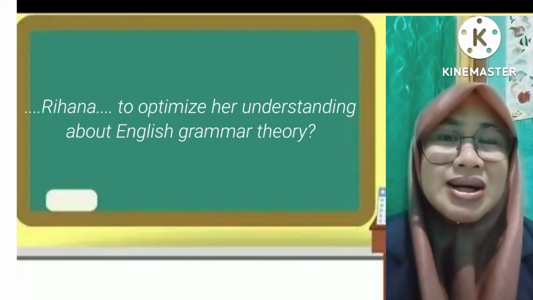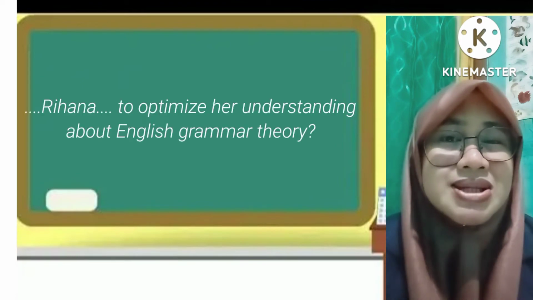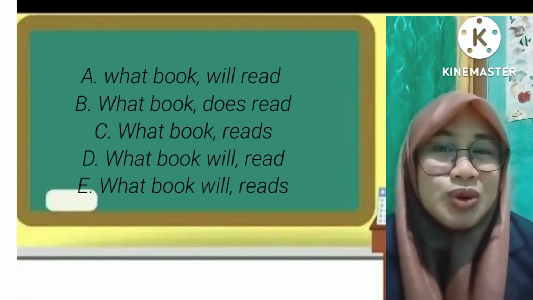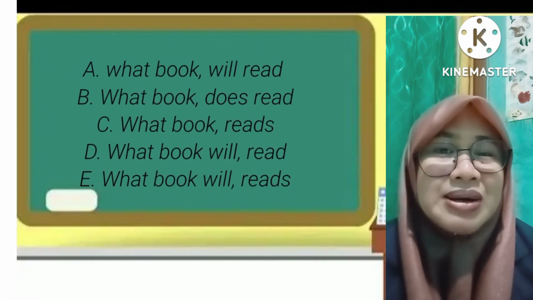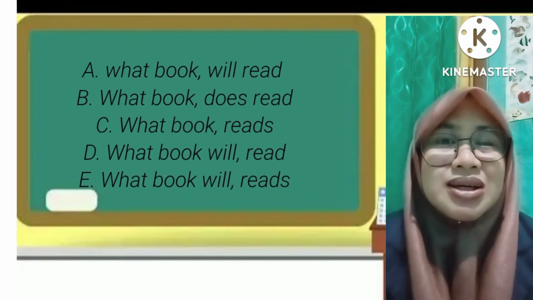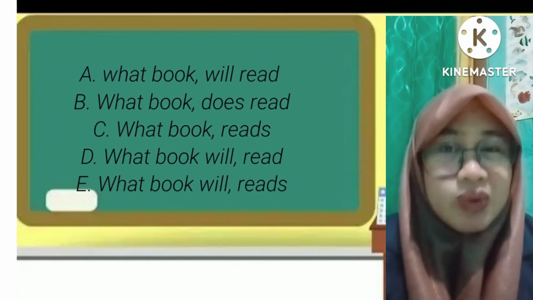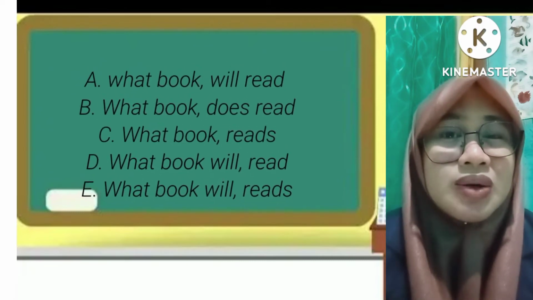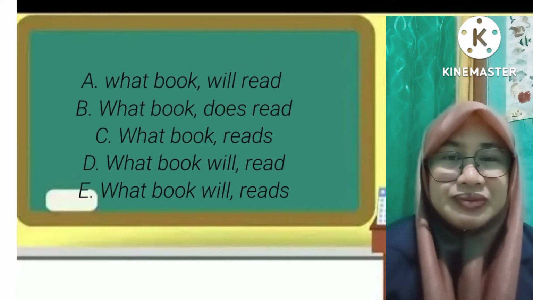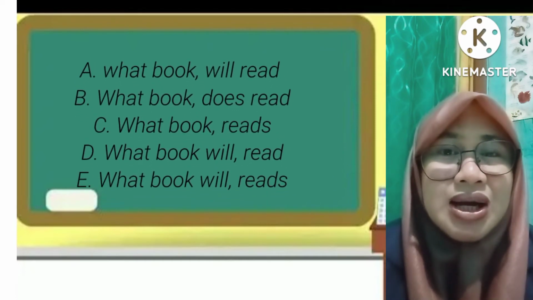Question for number 2. Blah blah blah, Rihanna, to optimize her understanding about English grammar theory. A. What a book will read. B. What book does read. C. What book reads. D. What book will read. Discussion.